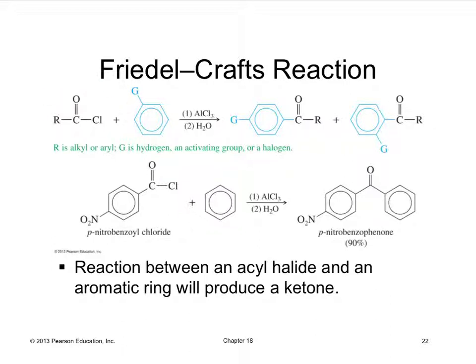You can use an acyl chloride with benzene or a modified benzene structure in the presence of aluminum chloride to generate your ketone. Depending on what group you have, ortho and para are activating. If G is hydrogen, an activating group, or a halogen, you're going to get this.